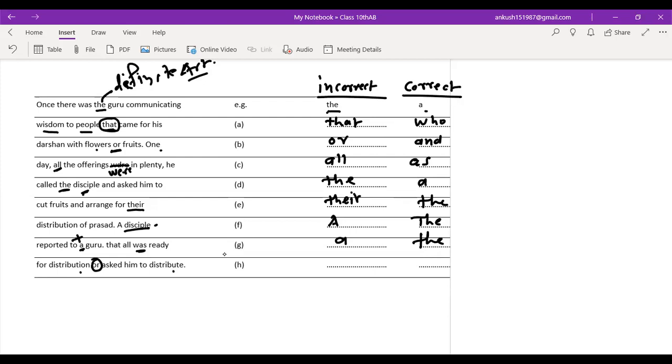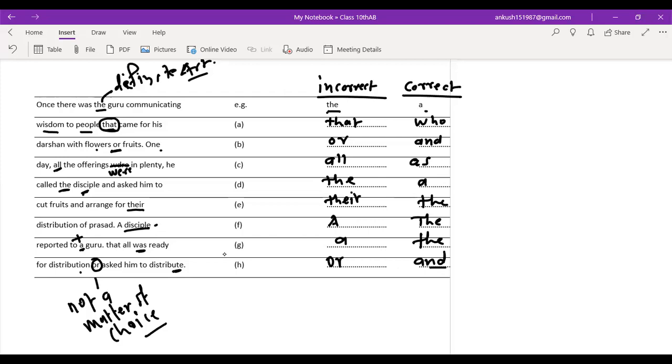Again, or is written over here. That is not a matter of choice here. It is the compulsory thing, that all was ready for distribution and asked him to distribute. So or would be replaced with and.